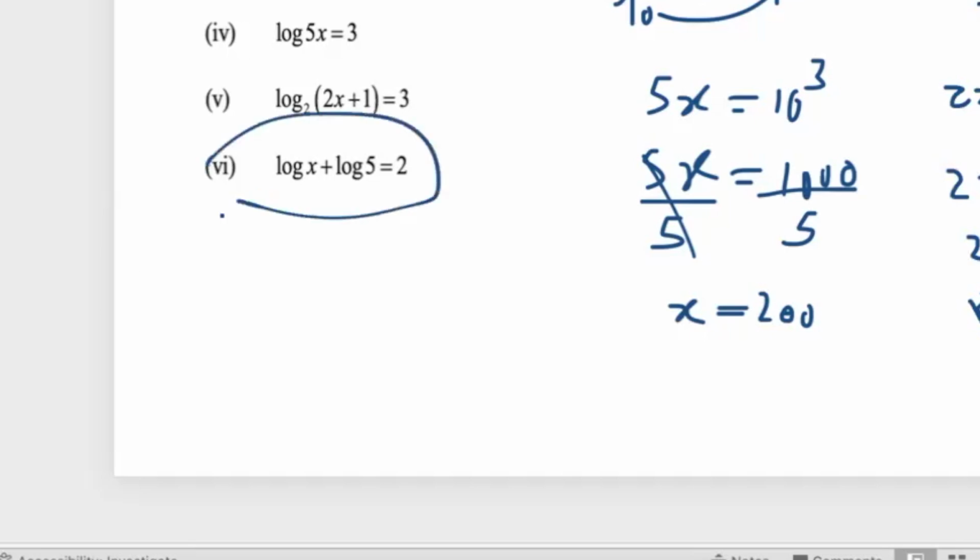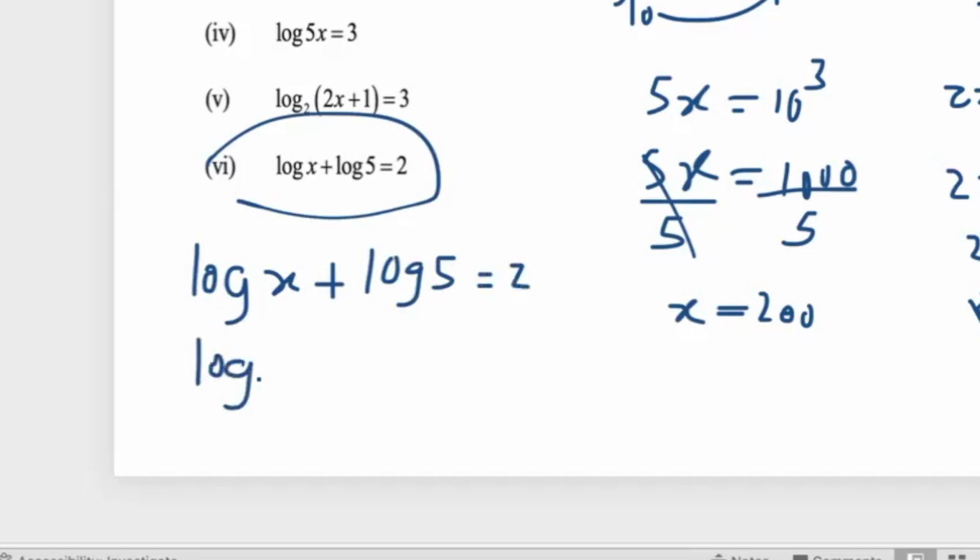The final one, we have log x plus log 5 equal 2. When you add, you multiply. So you have log of x times 5, that's going to be 5x equal 2. Then write it in exponential form. The base is 10.